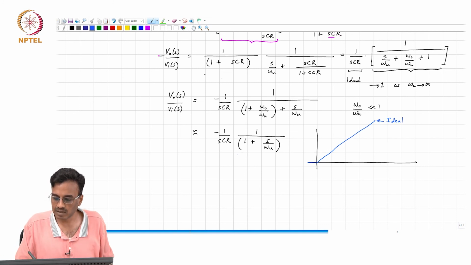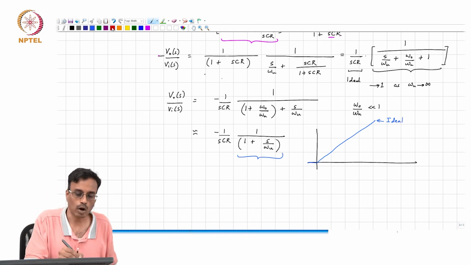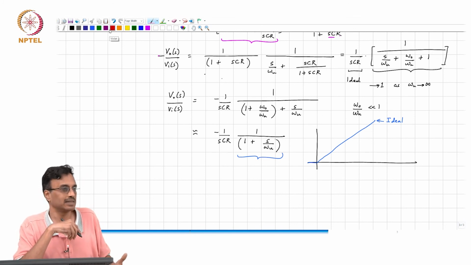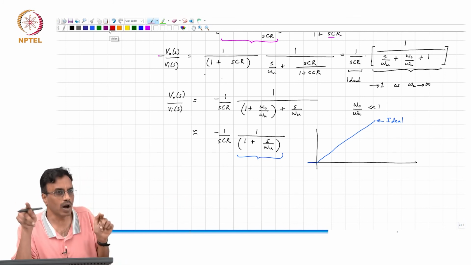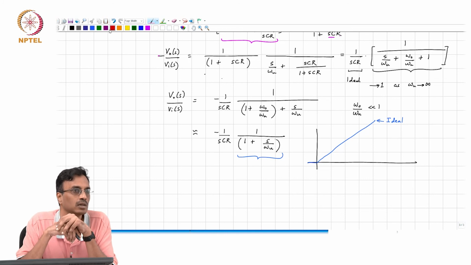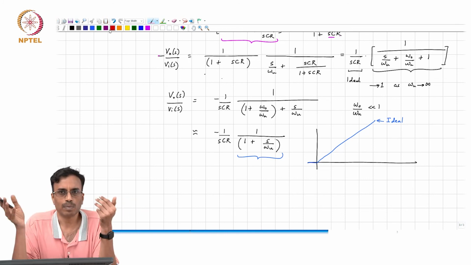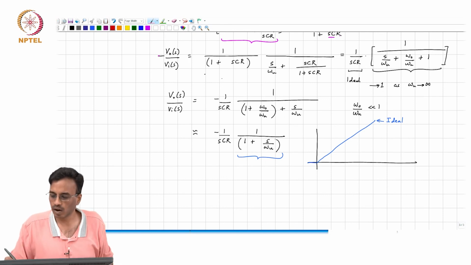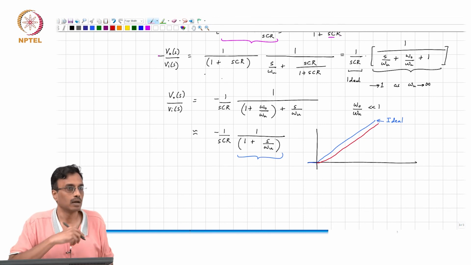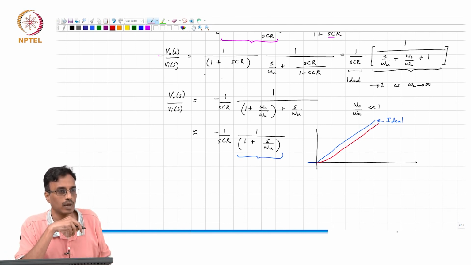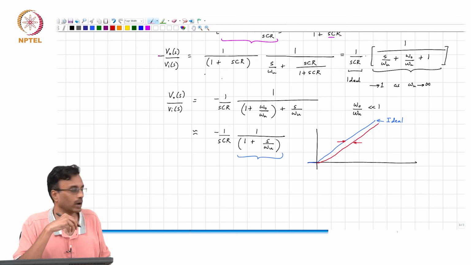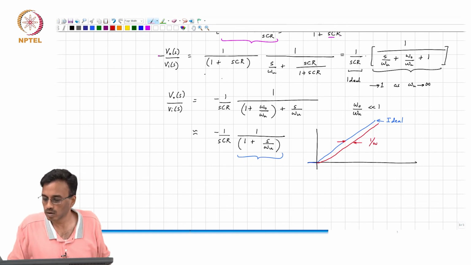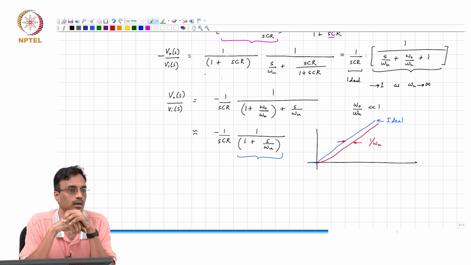Now, we have this extra character here, so what comment can you make about the response? It is like taking this and passing it through a low pass filter 1 by 1 plus s by omega u, right, and that therefore will cause an output which does something like this. And what will be the delay? 1 by omega u.